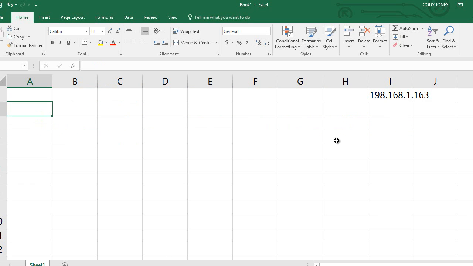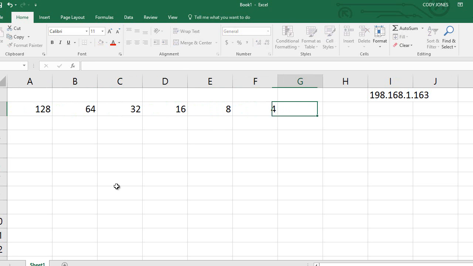Basically, first of all, you've got your octets. The maximum value of each octet is 255. To get to 255, here's what you're going to do in terms of binary to decimal. You're going to make this type of chart. It's going to go 128, 64, 32, 16, 8, 4, 2, 1.